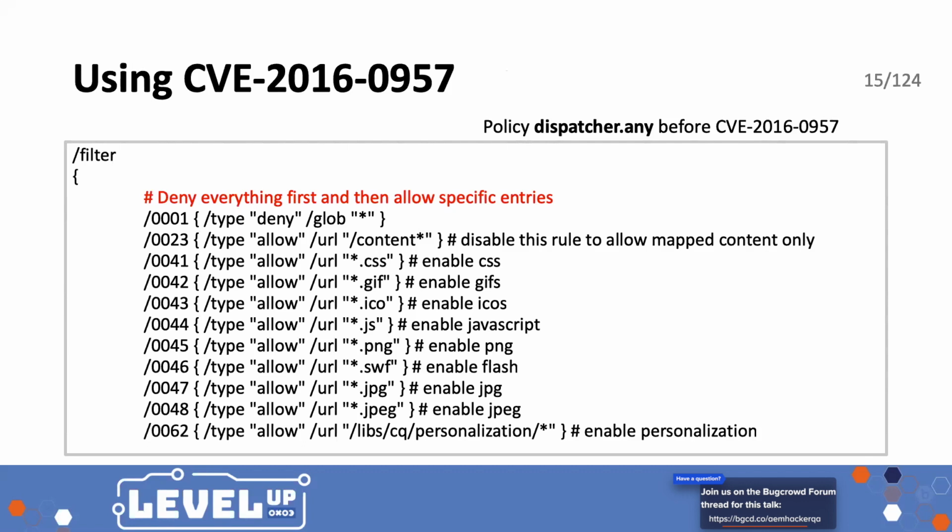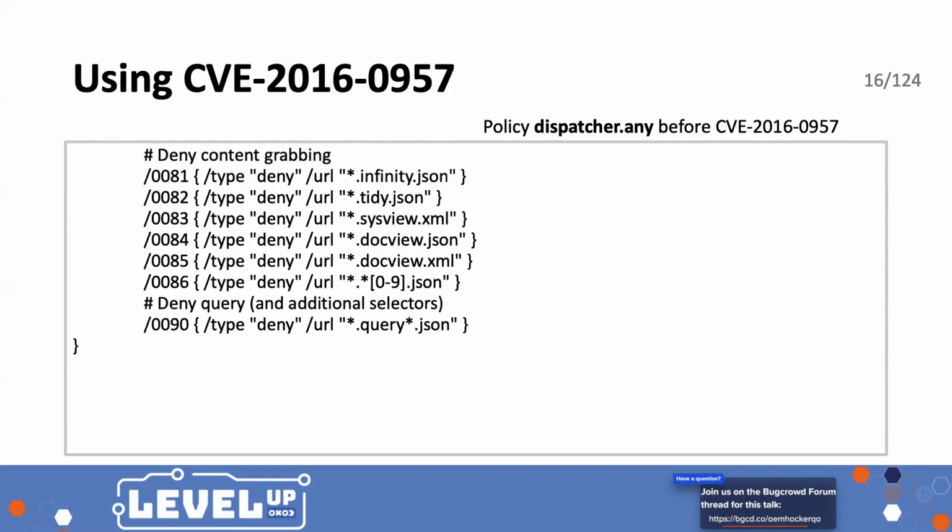And what's important, several rules can match the request, but the last rule that matches it is applied. A rule can be of 2 types, deny or allow. If none of the rules match the request, the default deny rule is applied that blocks the request. Here you can see the tail of the policy.